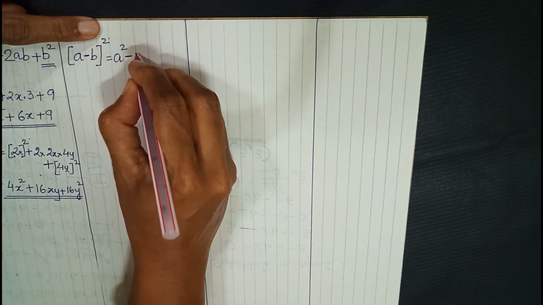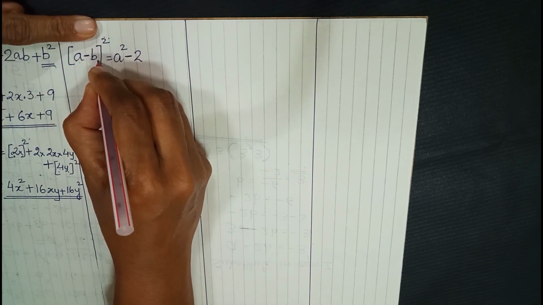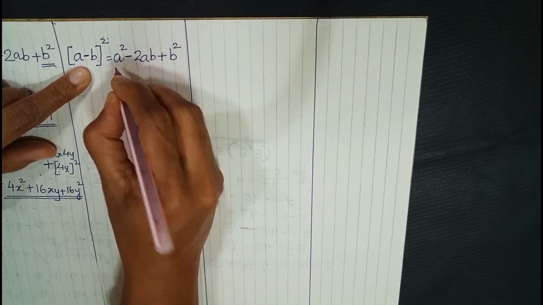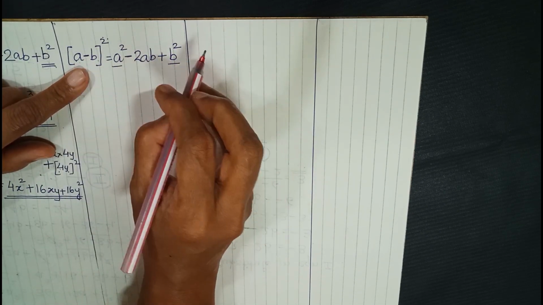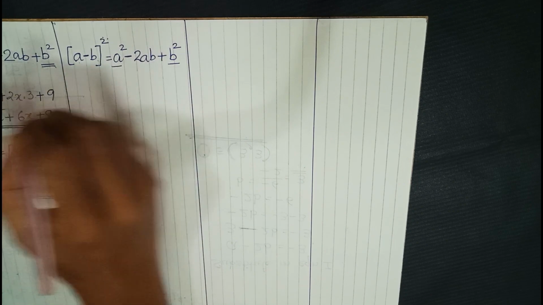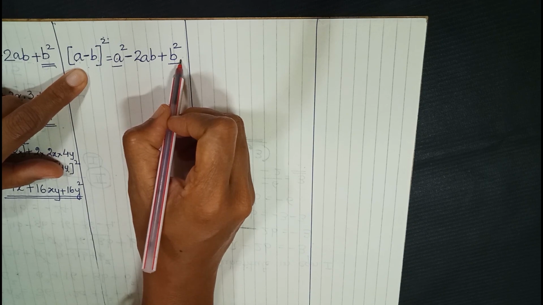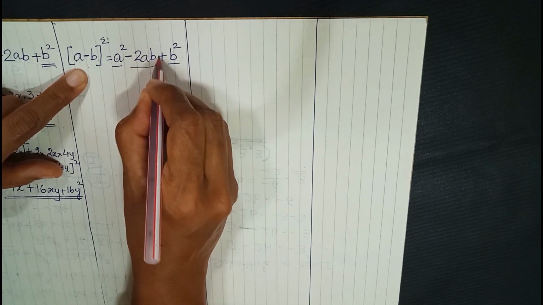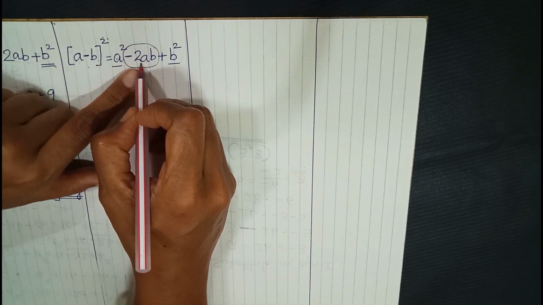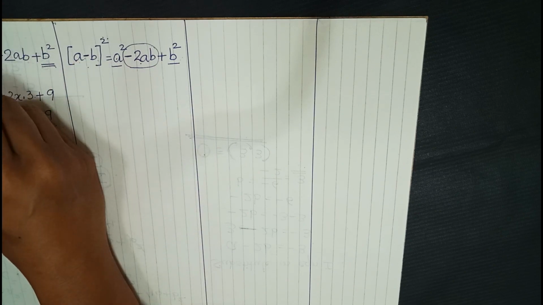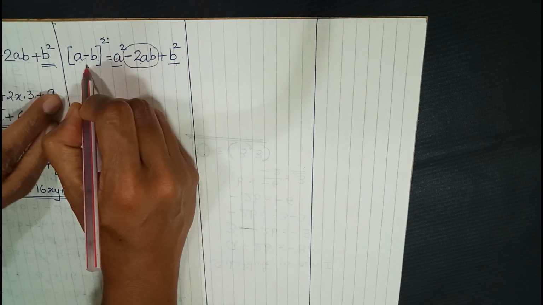Then again we start from here: 2 into a into b, and b square. As I have already told you, a square and b square can never be negative. So whether it is (a plus b) the whole square or (a minus b) the whole square, these two terms will always be positive. It is only the 2ab term which will become negative here because of this minus, and it will be plus here because of this plus. So this is the expansion of this identity.